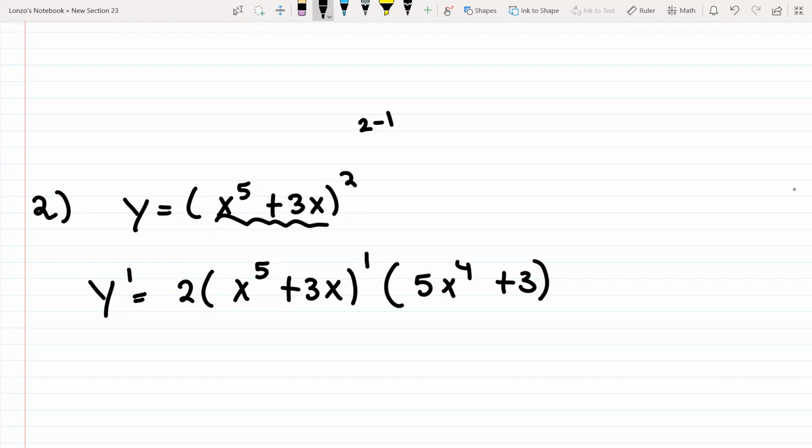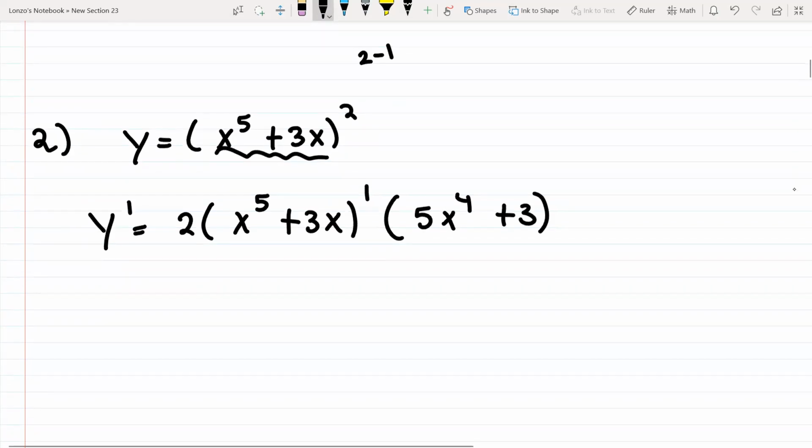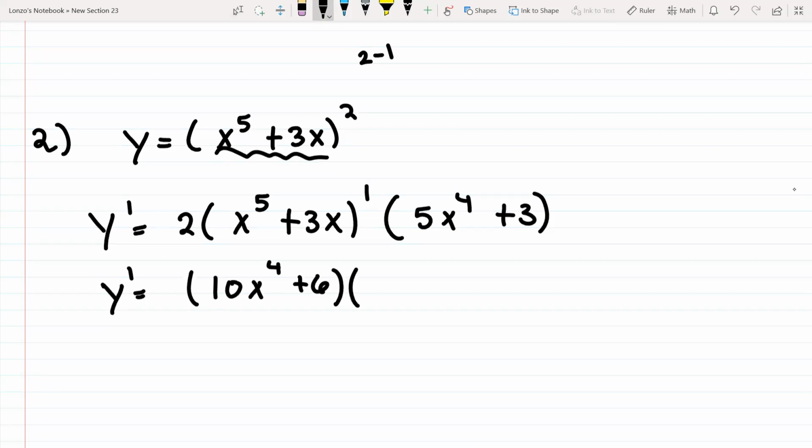When you clean it up a little, you get (10x to the 4th plus 6) times (x to the 5th plus 3x).